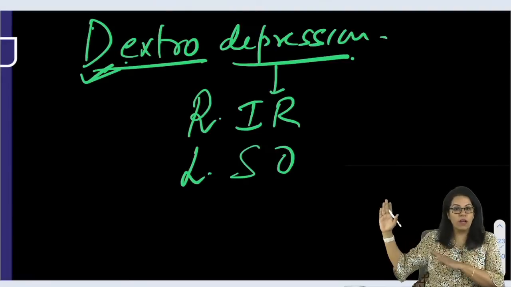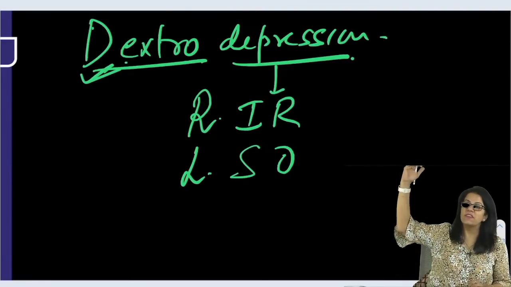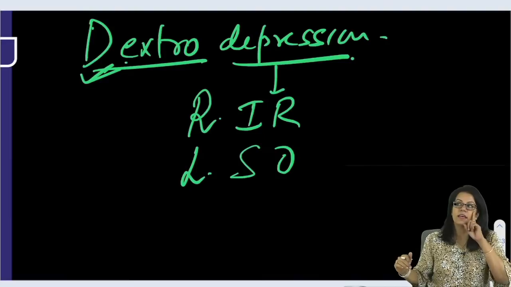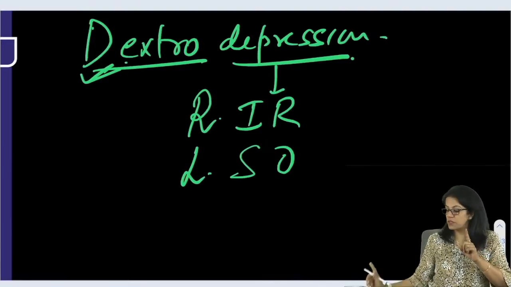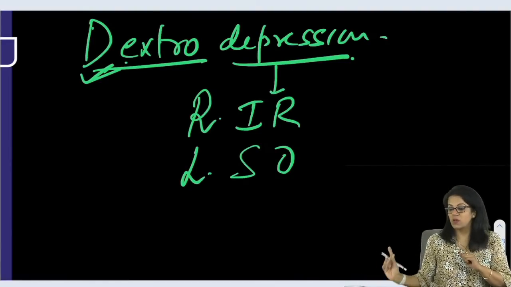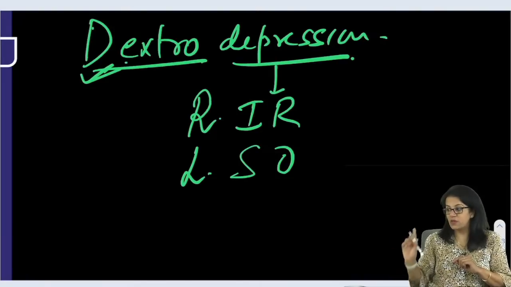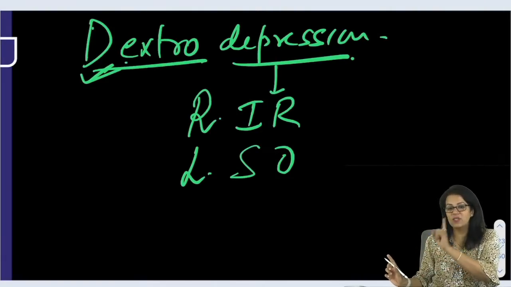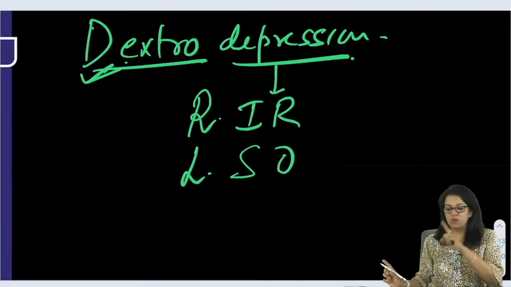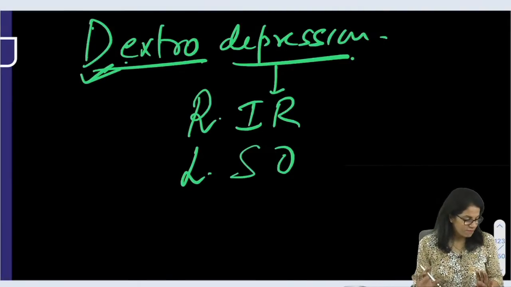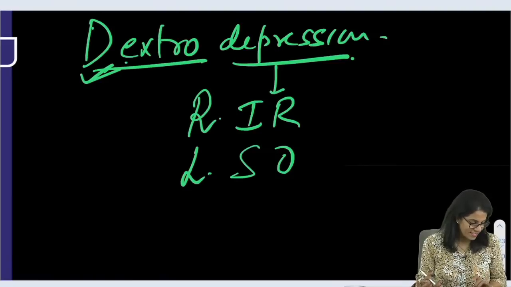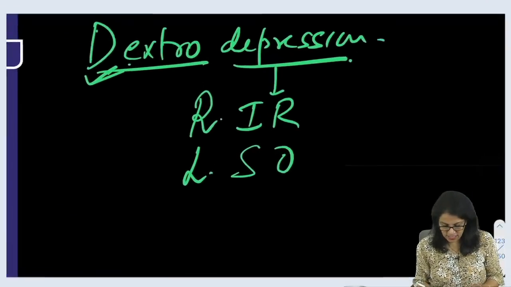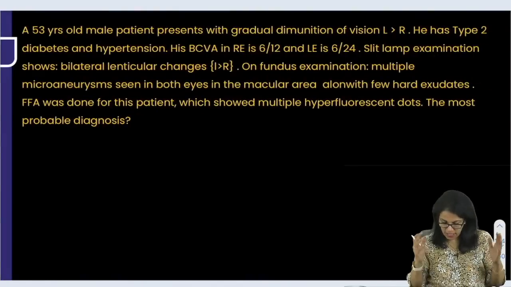In the outward deviated eye, the sole action of elevation and depression is of the rectus, and the other eye is inward deviated. So in dextrodepression, the outward eye's rectus: right inferior rectus and left superior oblique. Easy? Yeah, Avantika, perfect. So this is how you will answer. Okay, let's come to this question.